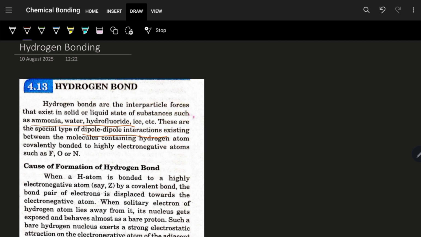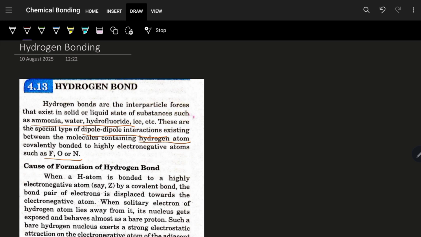That means the type of interaction that occurs between a hydrogen atom and other atoms like oxygen, fluorine and nitrogen, which are highly electronegative and small in size.